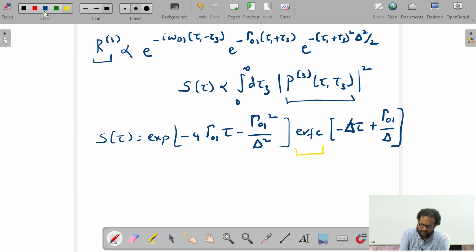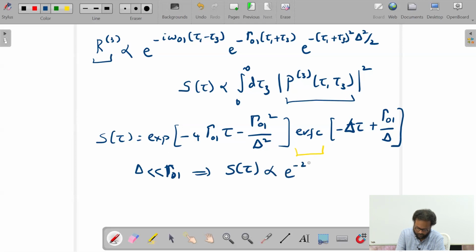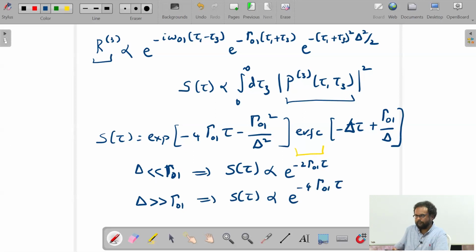Now, let's take two limits. The two limits are pretty nice, pretty easy. If I have my Δ much less than Γ01, the intensity of the measured signal will be proportional to e^(-2Γ01τ). On the other hand, if my Δ is much greater than Γ01, then S of τ will be proportional to e^(-4Γ01τ).